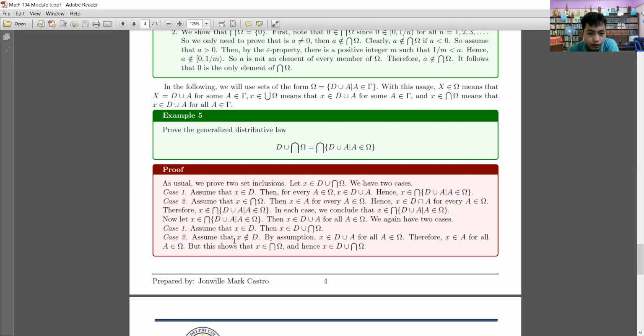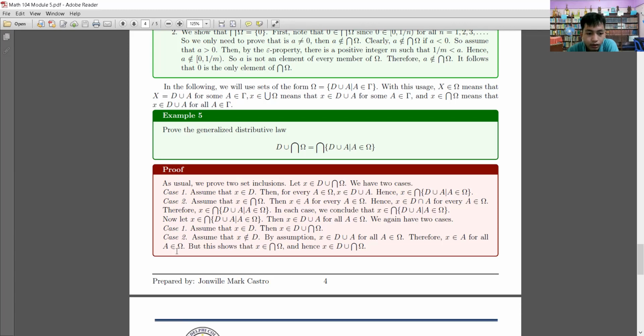Next is, assume that X is not in D. So, paano pag wala siya sa D? So, by assumption, X is in D union A for all A in omega. Therefore, kung wala siya doon sa D, nasaan siya? Andun siya sa A. Okay?